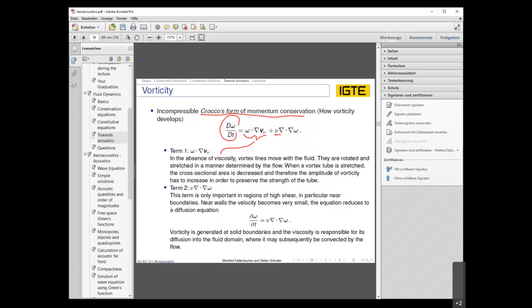And if the cross section decreases, then the amplitude of the vorticity has to increase in order to preserve the strength of this vortex tube.